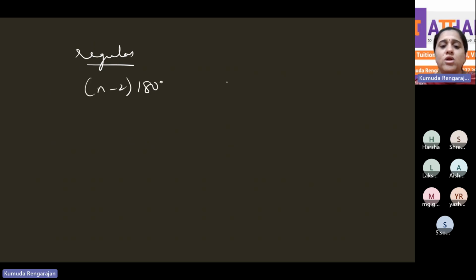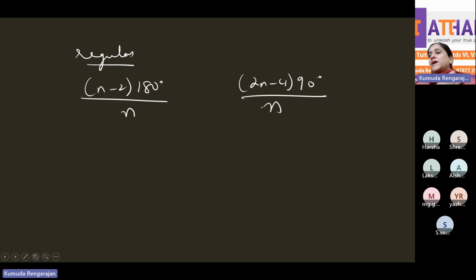Now talking about the regular polygon. N minus 2 into 180 degrees, or also 2n minus 4 into 90, both are the same. Each interior angle will be that divided by n.